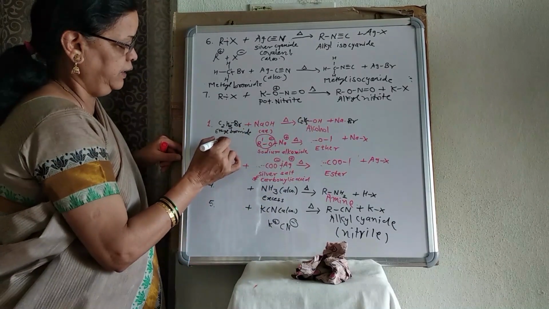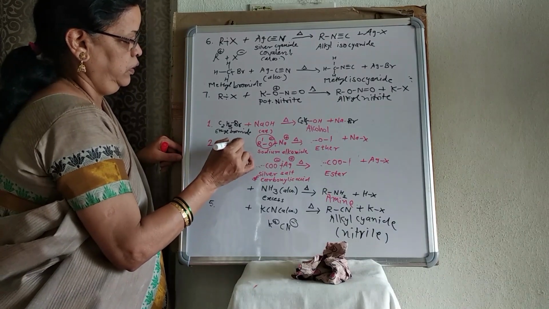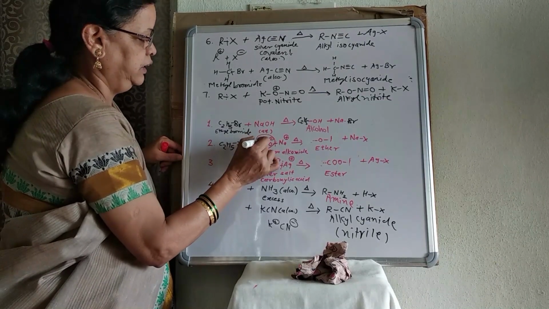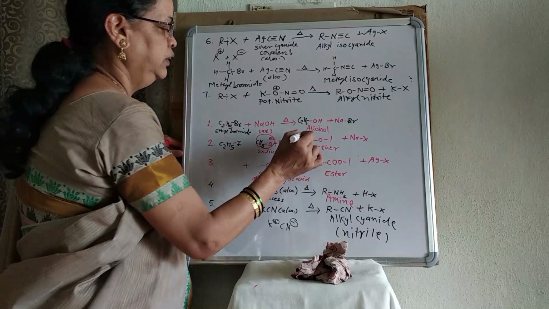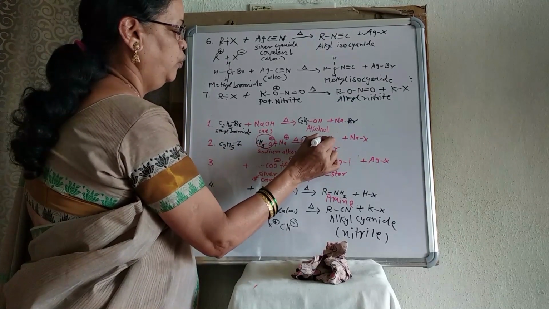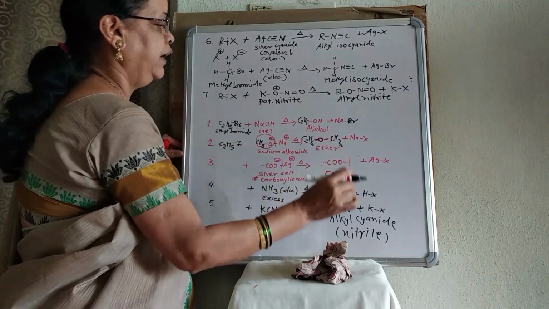Like this you can take examples: C2H5I, and here you can take CH3ONa or C2H5ONa. Then what is the product formed? C2H5OCH3 plus NaI.